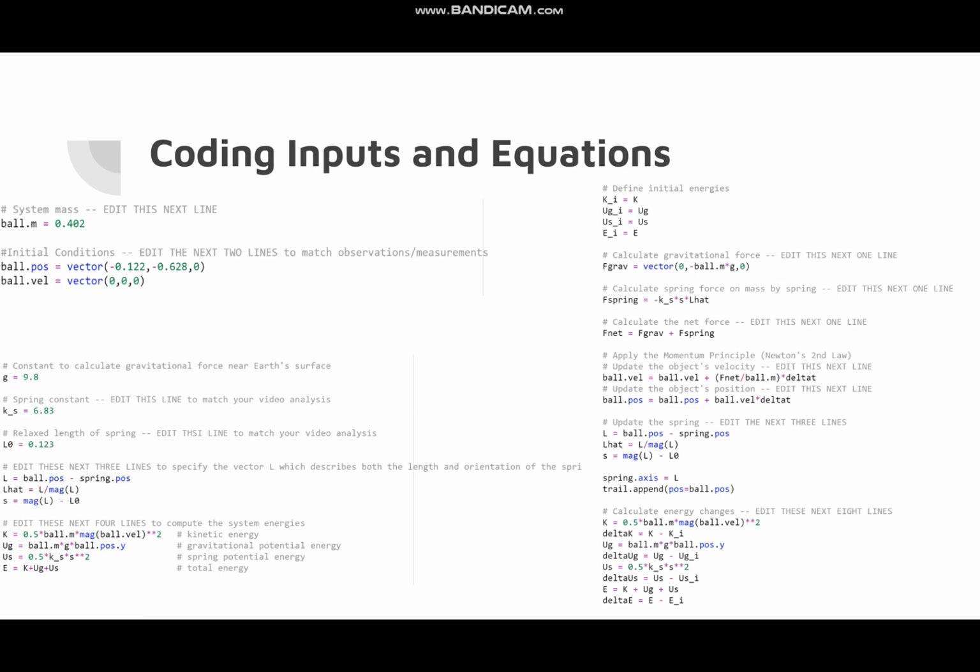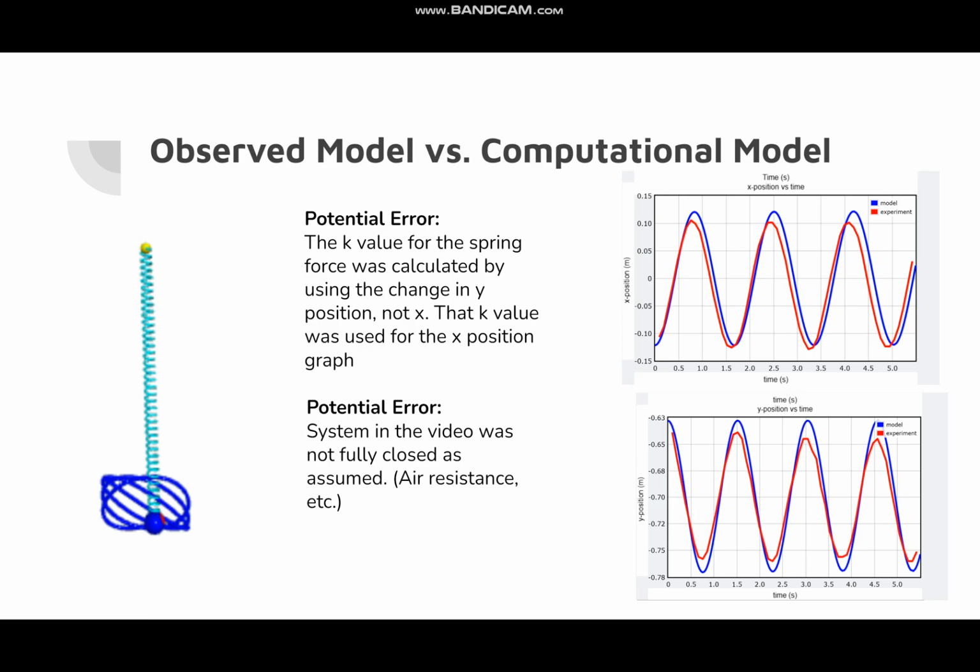It also computes all the energies working on this model, which I thought was really cool. So I plugged in the equations for the energies, K, Ug, Us, E, to calculate how the energies are playing out while this system is oscillating and moving. And what we find is that I'm pretty close.